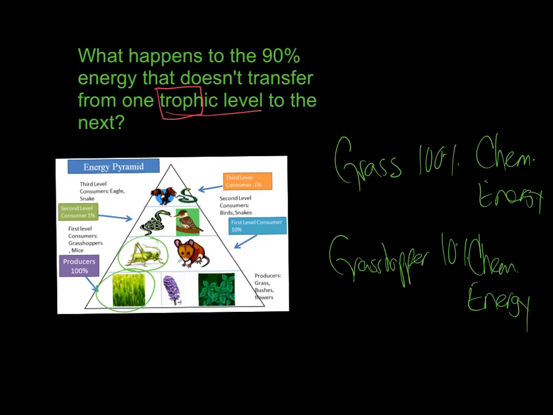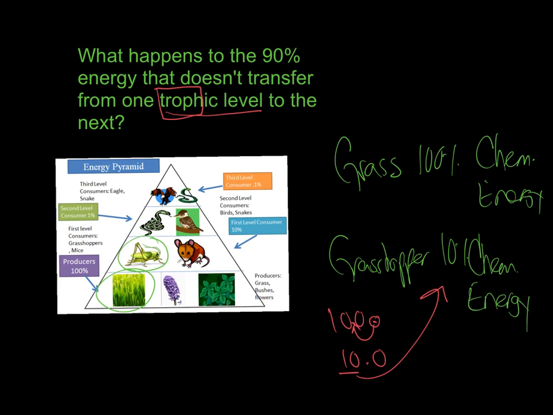As we saw a few seconds ago, this 90% energy that is not transferred from one level to the next is transformed and released as heat energy. Since the grasshopper only got 10% of the original energy, all we're really doing, and this is a math concept you've learned, is moving that decimal one place over to be left with 10. And this 10 is that number we have there, where the grasshopper only has 10% of that chemical energy.